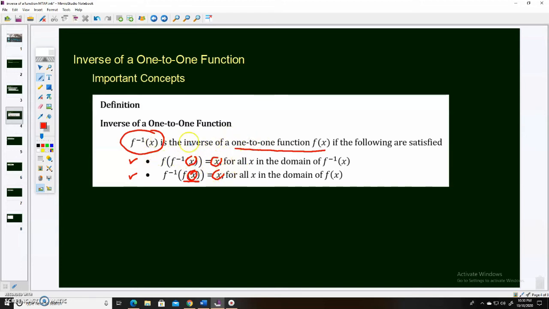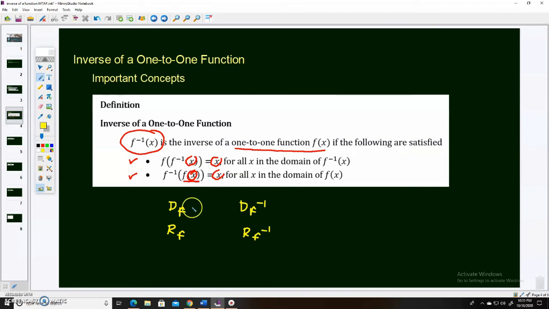Because of this, an implication is that the domain of the function and the range of its inverse are the same, and the range of the function and the domain of the inverse are the same. This applies to two functions that are inverses of each other, emphasizing that both are functions.